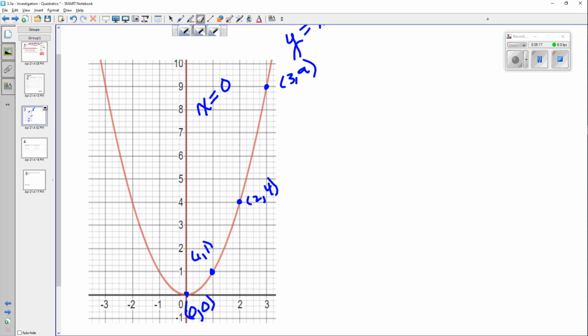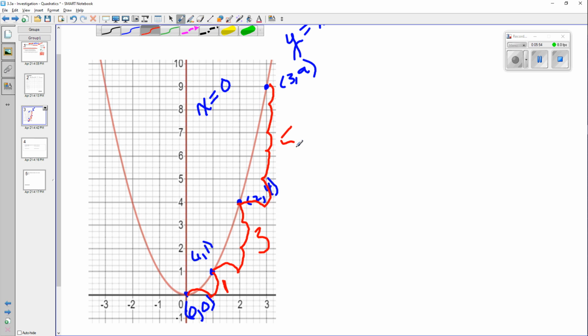Now, if we go over one on a parabola and then we go up one, and then we go over one on the parabola, and then we get to this next key point, you'll notice that there's only 3 spaces here to get to that next point up on our graph.